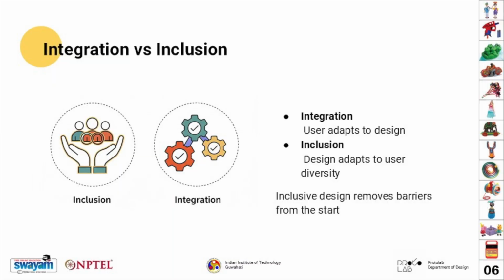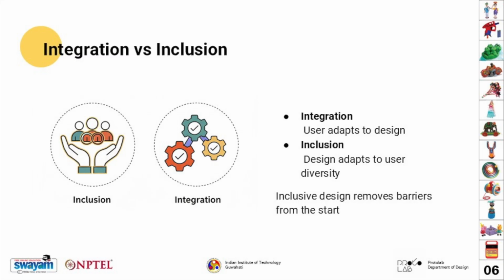Integration asks the child to adjust to the environment. Inclusion asks the environment to adjust to human diversity. In integrated design, a child may be allowed to play but needs help to participate. In inclusive design, participation is natural.